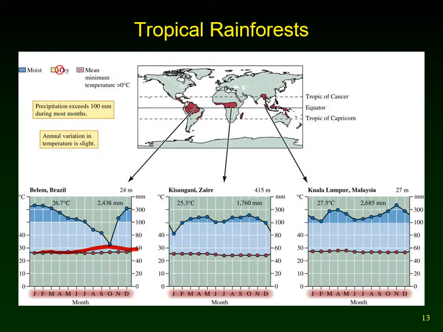Then we've got a very similar pattern in Zaire in Central Africa. Once again, a very constant temperature. And then the last one is in Southeast Asia. Once again, a very constant temperature. So you could look at a glance at these and you'd know that you were looking at tropical rainforests.